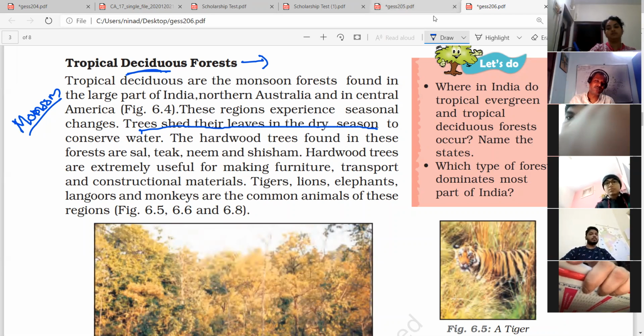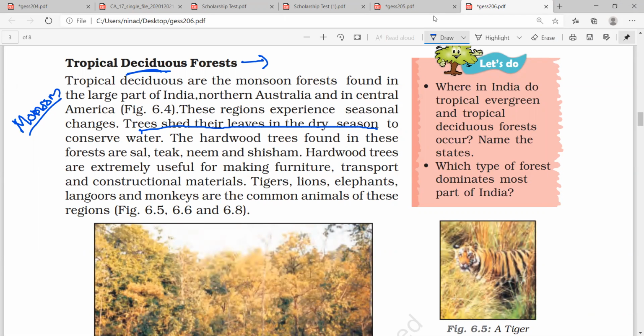Because of that, only in that period is it green. Other times it will be shedding its leaves. Examples: sal, teak, neem, shisham. These are examples of deciduous forest. In fact, this forest is also known by the name monsoon forest.